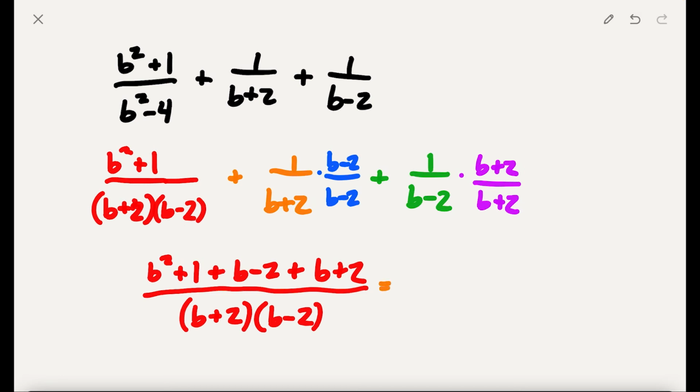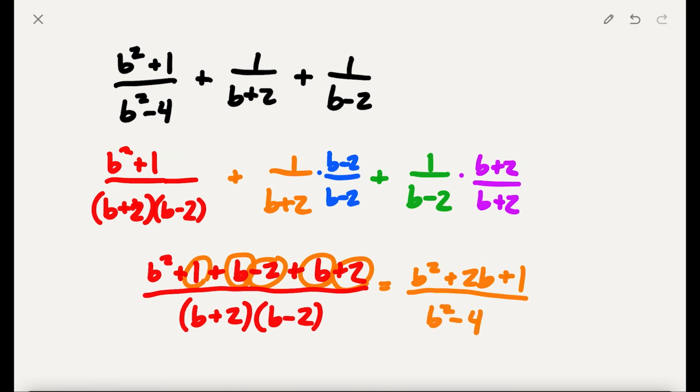The top, you're going to end up with b squared plus 2b, because there's two b's here. And then you're going to have a 1 minus 2 is negative 1, plus 2 is 1. And then this is all going to be divided by b minus 2 and b plus 2. And if you remember, that's just b squared minus 4. If you want, you can expand that out. And that's your final answer.